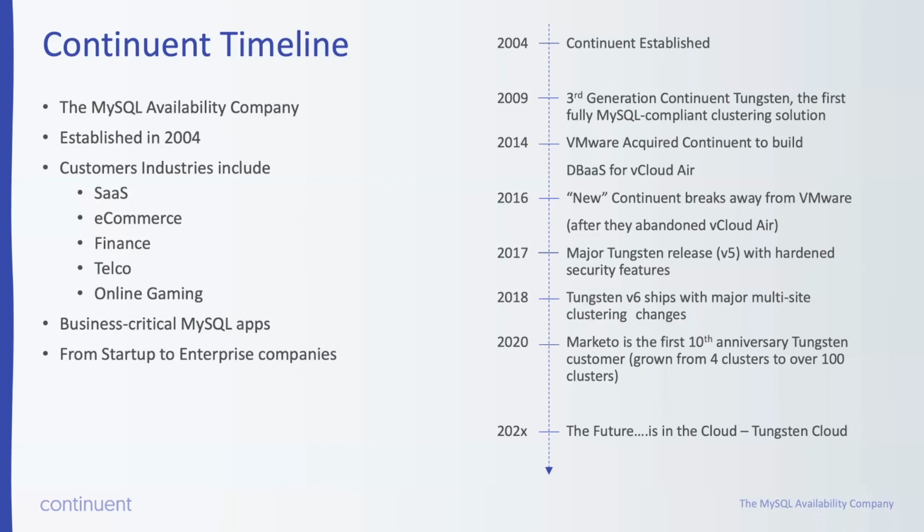And in 2018, even more changes and improvements to our multi-site clustering offerings. And we saw our first 10-year anniversary this year. And now the future is cloud. So stay tuned for Tungsten Cloud.